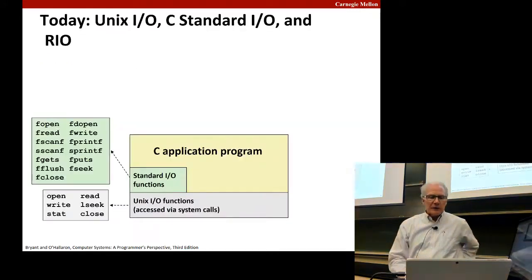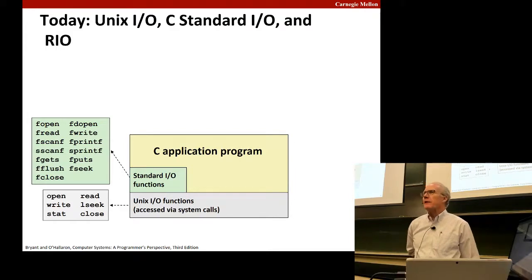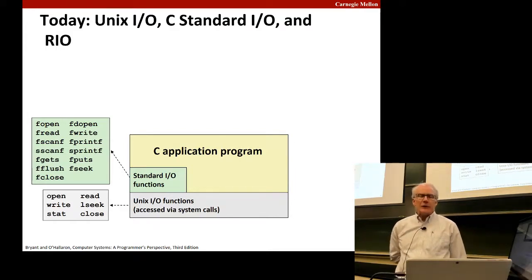And as I mentioned, what we'll find as we get into networking is that neither the low-level reads and writes of Unix files nor the buffered operations of the standard I/O library really are appropriate for network connections, these socket connections.